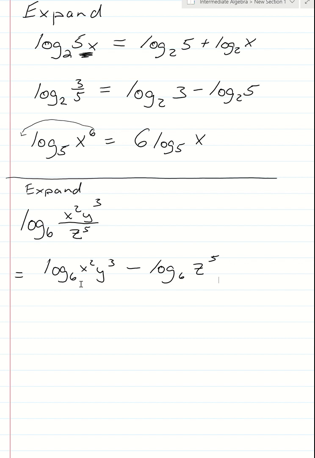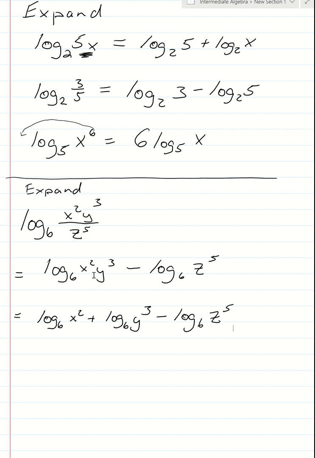Next, I want to expand out the multiplication. And we can do so, and that would give us the log base 6 of x squared plus the log base 6 of y cubed minus the log base 6 of z to the fifth.